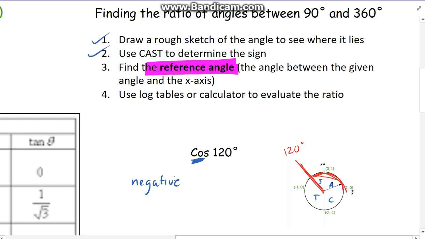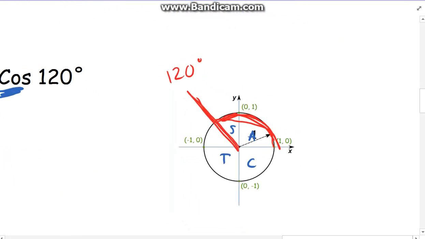Find the reference angle. Okay, so the reference angle, we said, is the angle between the given angle and the x-axis, right? So I'm just going to zoom in for this. We want to find the reference angle. So to here was 180 degrees, and to there, sorry, that angle there was 120 degrees.